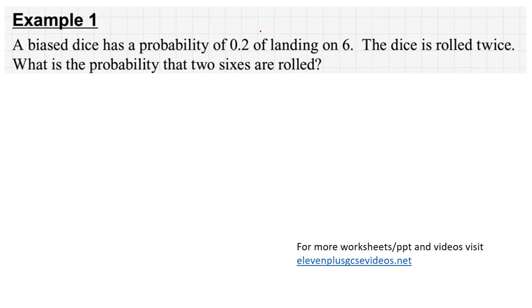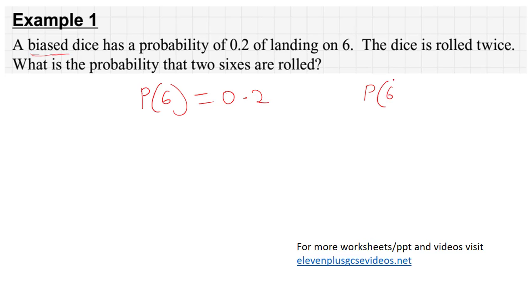The chance of it landing on a 6 is not 1/6 now because it is a biased dice, so the outcomes don't all have equal chances. But now you're rolling it twice. For the first time, the chance that it's going to land on a 6 is basically 0.2. And then for the second time, you roll it again.